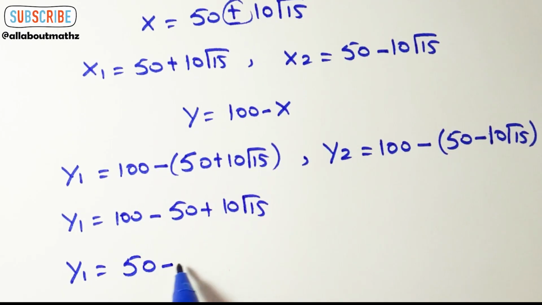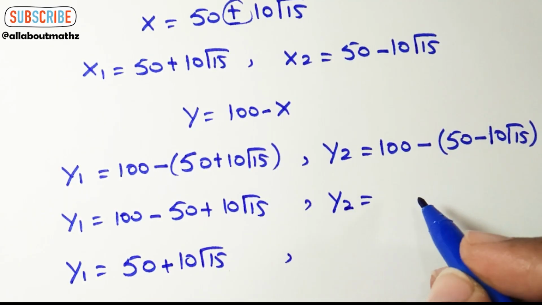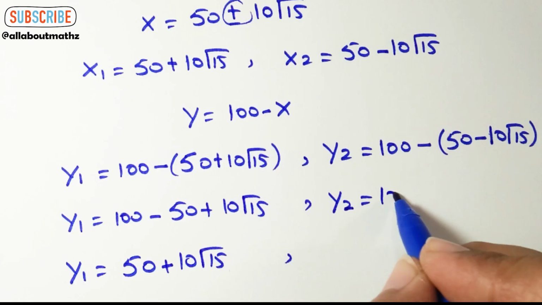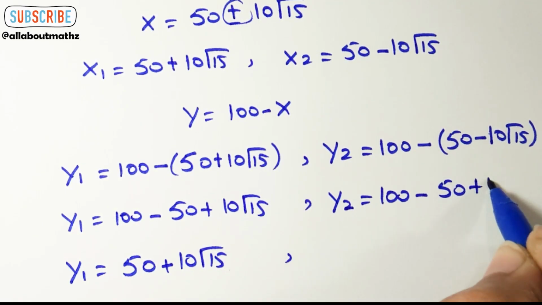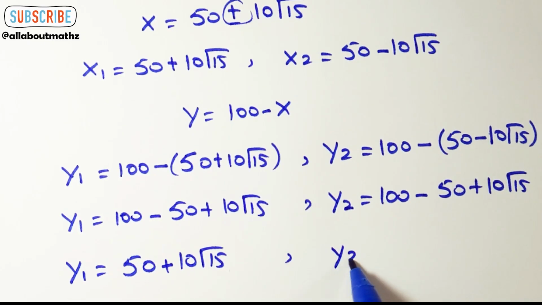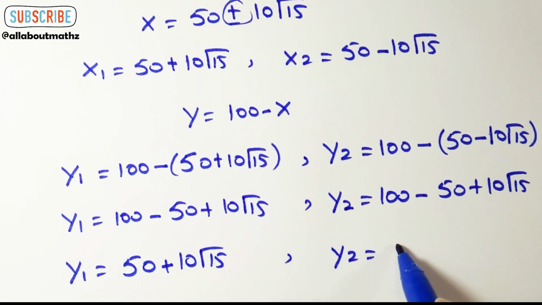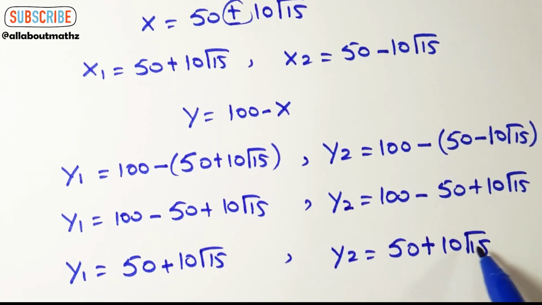So y1 is equal to 50 minus 10 into square root of 15. And now we will solve y2's equation, which is 100 minus 50 plus 10 into square root of 15. So y2 is equal to 50 plus 10 into square root of 15.